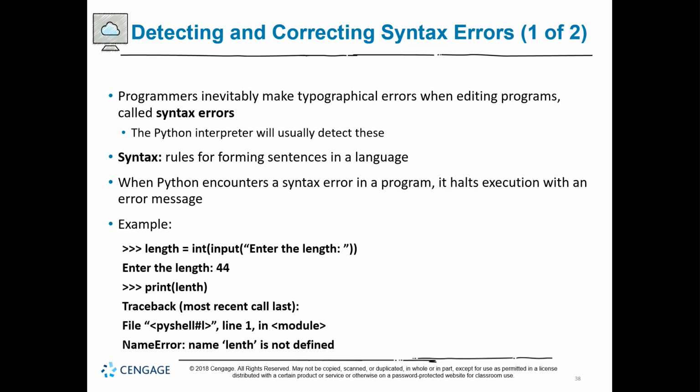So when Python encounters a syntax error in a program, for example, it halts. When I fat-fingered input, it was intput. That actually would then translate to an error, and it would alert us in red, and that's what it did. And then it actually would define what was going on in most cases.